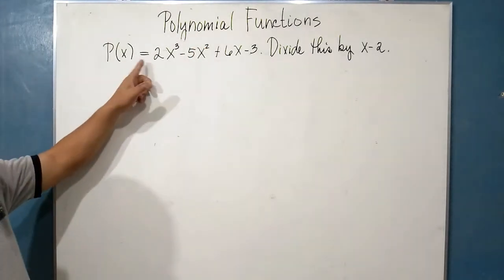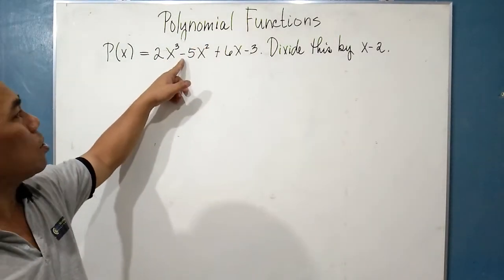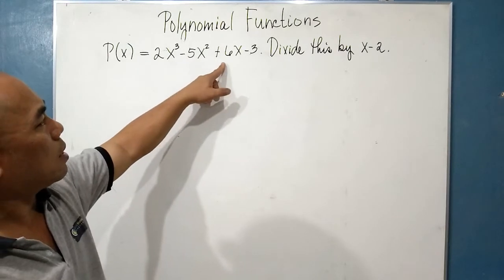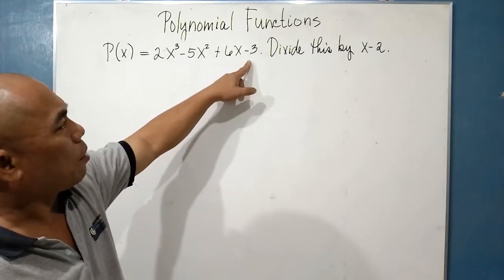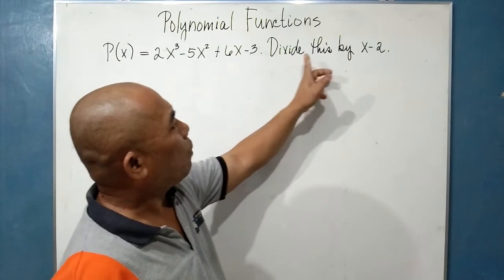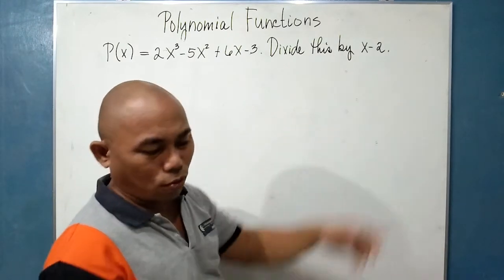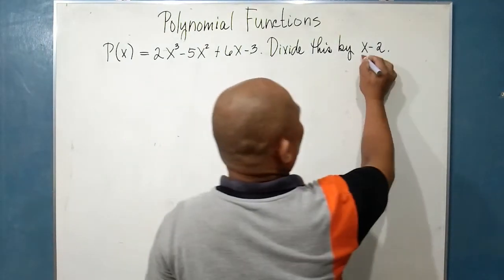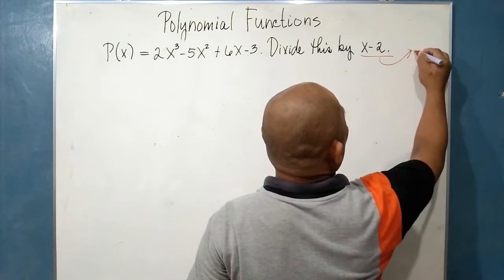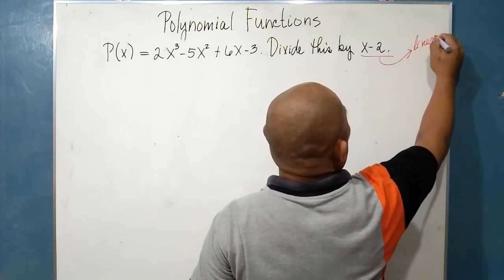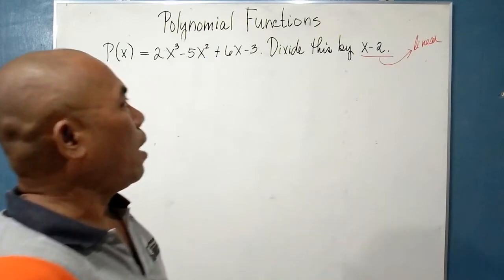So we have here p of x equals x cubed minus 5x squared plus 6x minus 3. So ingon, divide this by x minus 2. So our x minus 2 is, kung saan na siya? Linear, di ba? Linear siya. X minus 2.